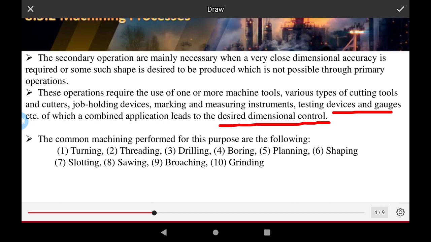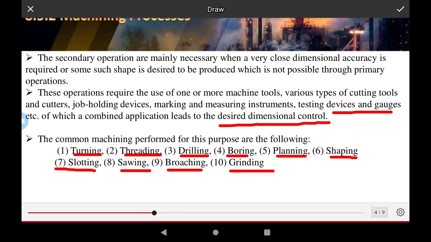The common machining operations performed for this purpose in the secondary manufacturing process are turning, threading, drilling, boring, planing and shaping, slotting, sawing, broaching, and grinding.